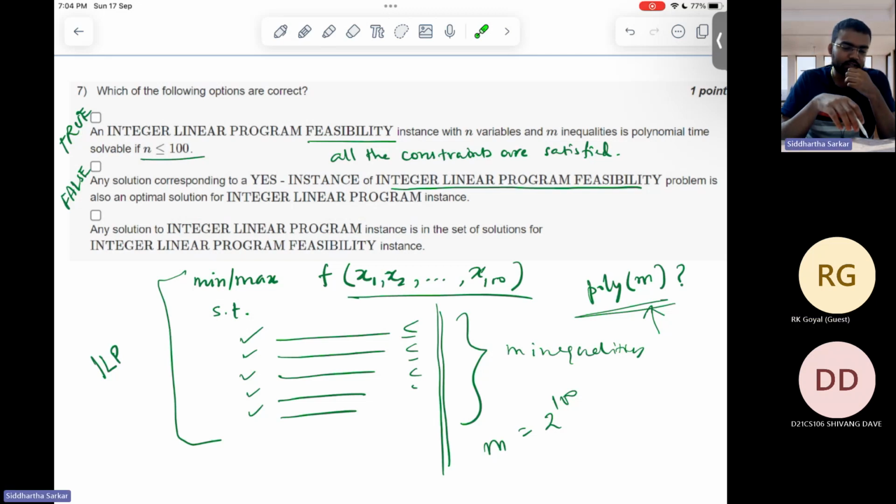So it is asking whether every minimum vertex cover is also a feasible vertex cover. That is the translation of the question in our language. This is true. If something is optimal, in the first place it has to satisfy all the constraints. So any optimal solution is in fact a feasible solution of the ILP. So this is true.